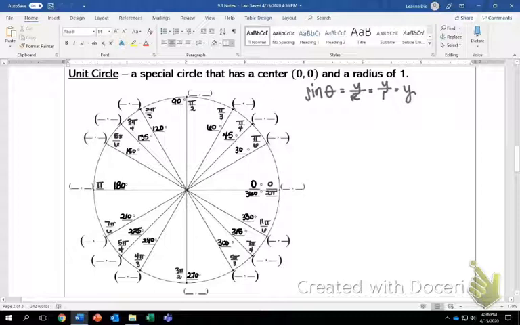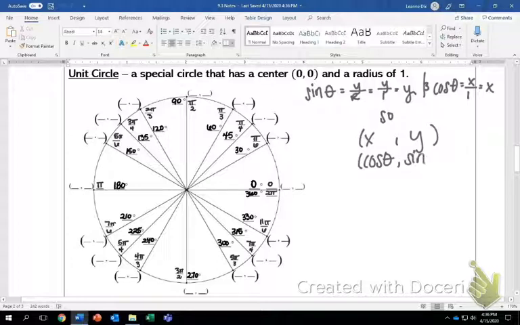So whatever sine of theta is, that is going to be the y value in our ordered pair. And the same thing happens with cosine. Cosine is x over r, or x over 1, and therefore it equals x. So we could say the ordered pair x, y can be rewritten as cosine theta, because that's x, and then sine theta.